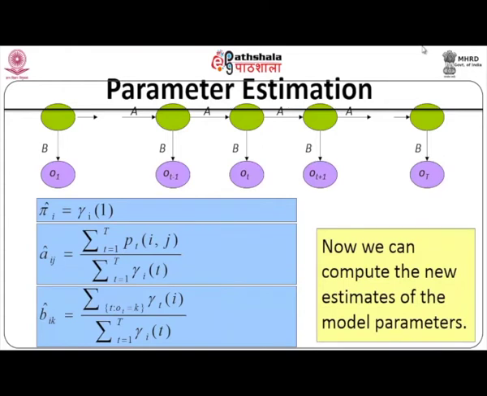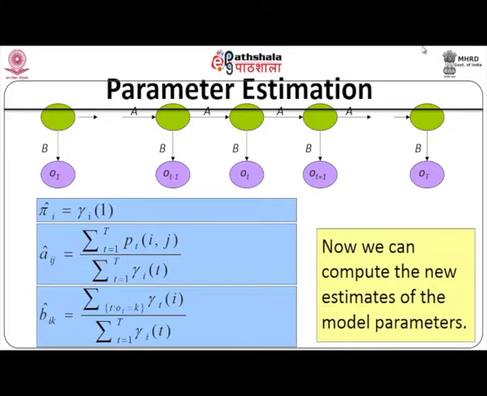Now we can compute the new estimates of the model parameters. Pi_i is equal to gamma_i(1), the probability of being in state i at time 1. Then the transition probability a_ij is given as the summation over all the observations, from time t equal to 1 to T, of the probability of going from i to j, divided by the probability of being in that state at time t.